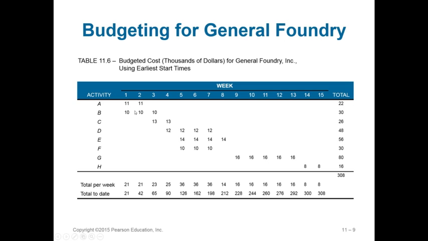But remember, B does have the ability to wait a week to start if you wanted to, and so if you needed to do that, then it would shift your budget outlays that way. And we see that with this table, where now the numbers change a little bit. The first week's outlays are less, and later weeks are a little bit more.